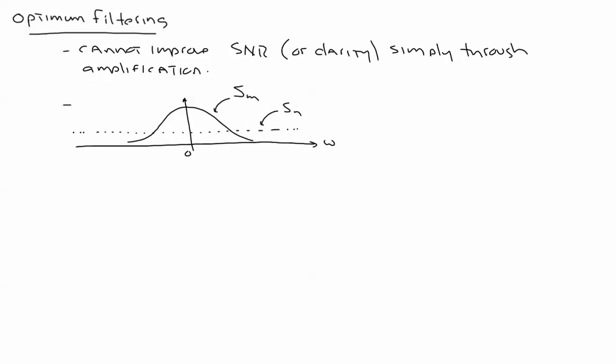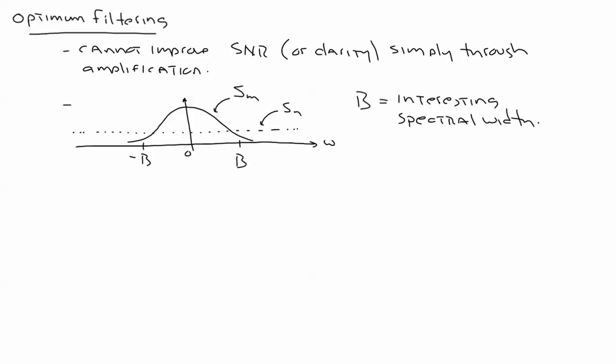And we're going to be investigating my message and noise combination over some spectral width B. So B is my interesting spectral width. Okay?